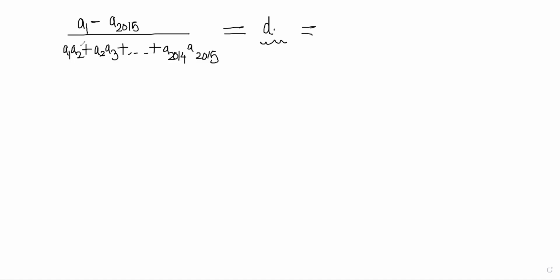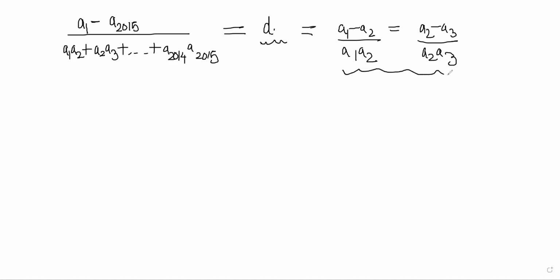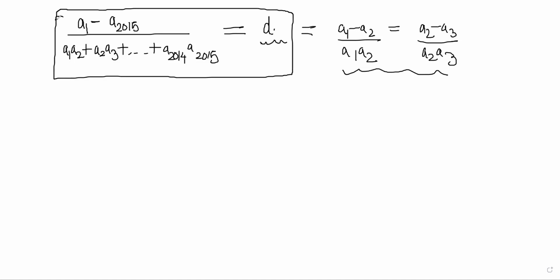Because each of those ratios was equal to D, right? We had written that earlier. These were all equal to D because this is the difference of 1 by a2 minus 1 by a1, and this is 1 by a3 minus 1 by a2, right? So we have this relation. The first half of this equality is true, right?